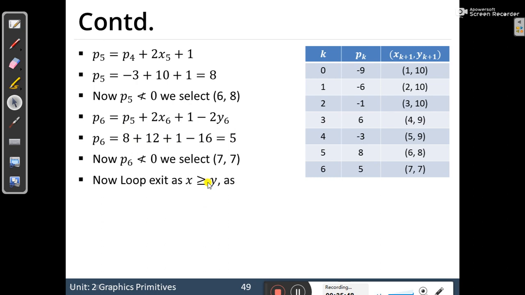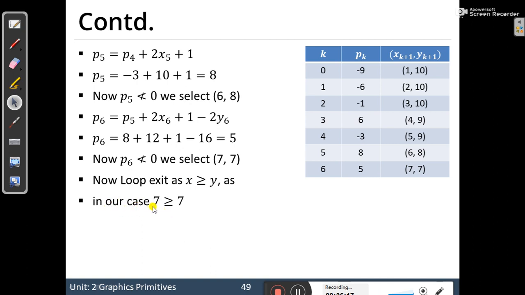You can see here next, now the loop exits as x is greater than or equal to y. Initially y was greater, now the loop will exit because x and y are equal, or in different cases x might be greater than y, and in that case we'll exit the loop.